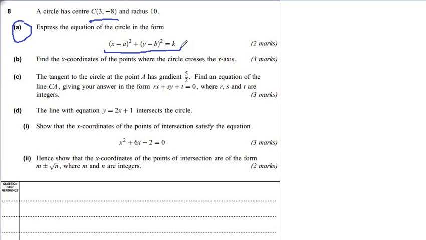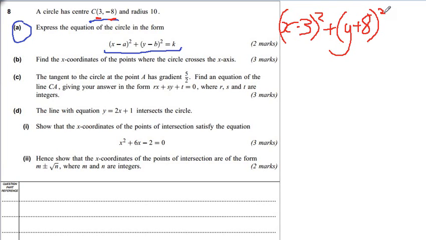Well, you just sub in what you get given. So that 3 is your x point, that minus 8 is your y point. So when you go to sub in, you go (x minus 3) all squared, that 3 is that a there, plus (y minus minus 8), so plus 8 there, squared.